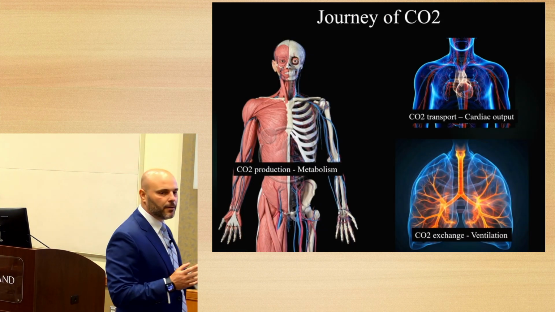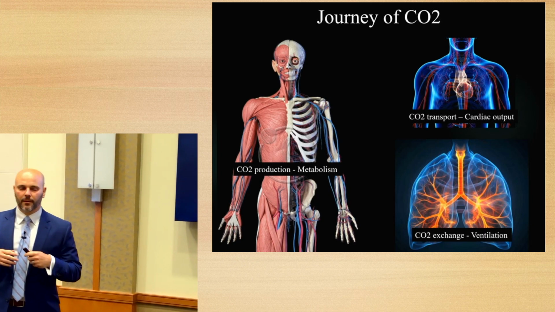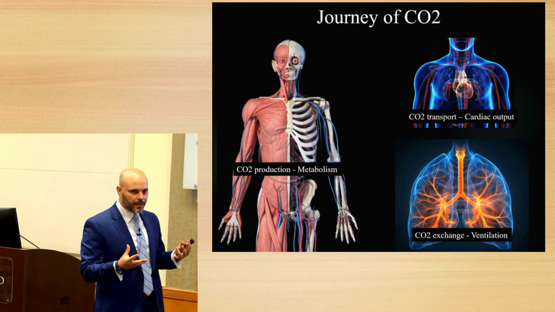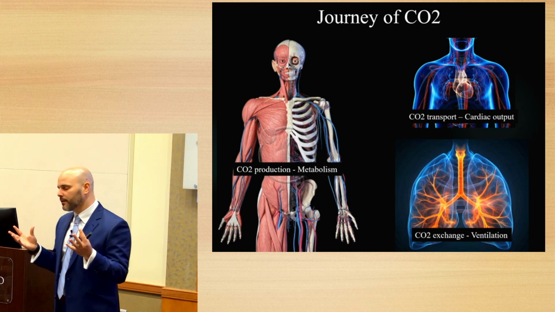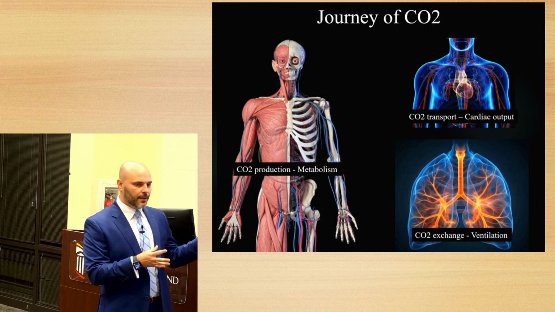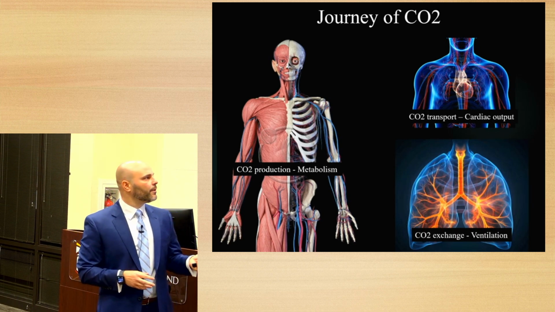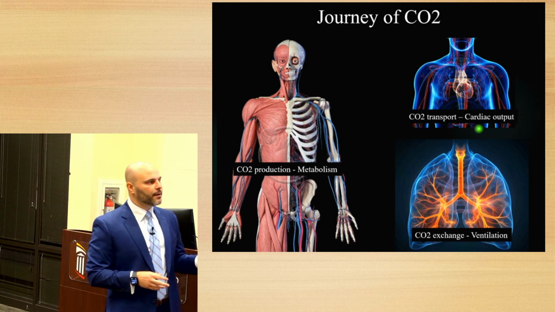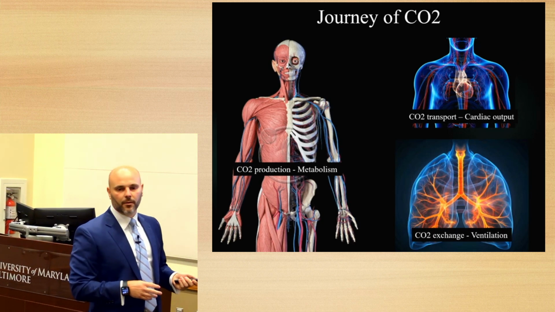Okay, so I want to take you on a journey of CO2. It originates as a product of cellular respiration by the mitochondria in our tissues. It gets transported by our cardiac output in our heart, ultimately to end up in our lungs.